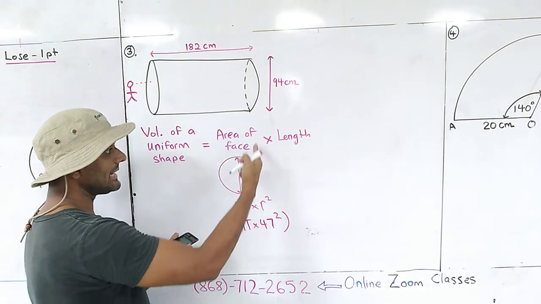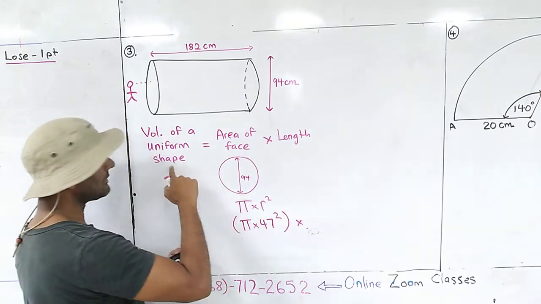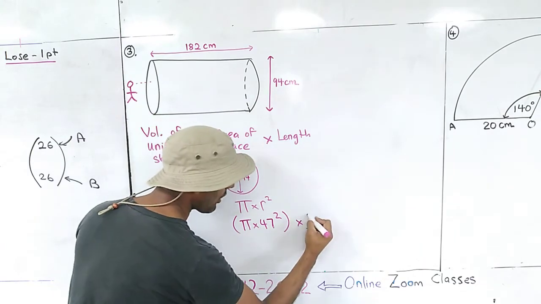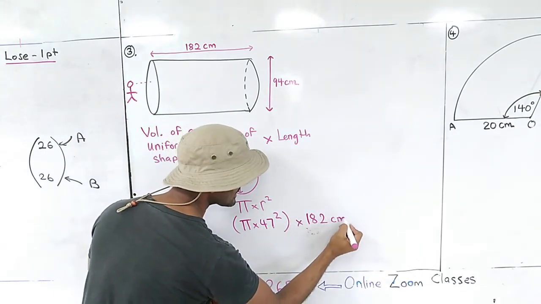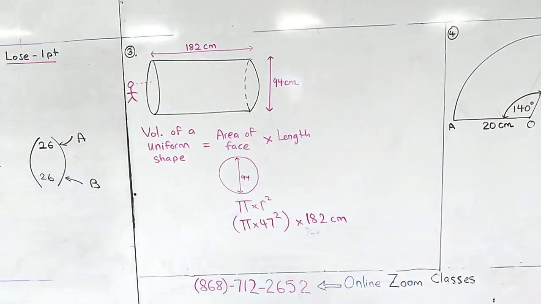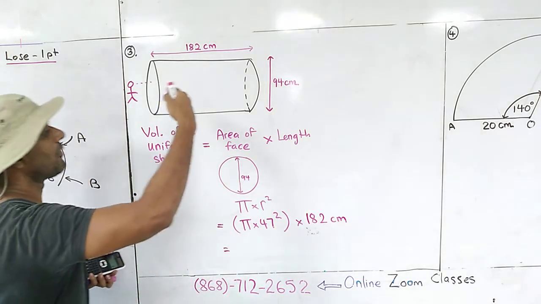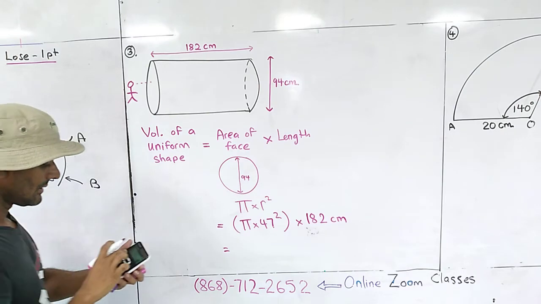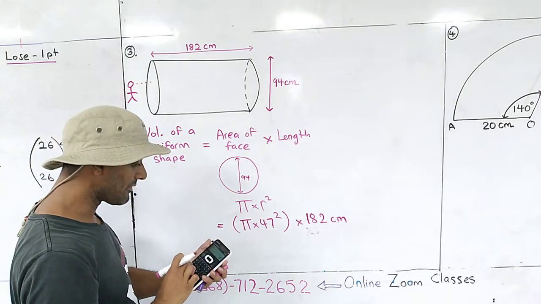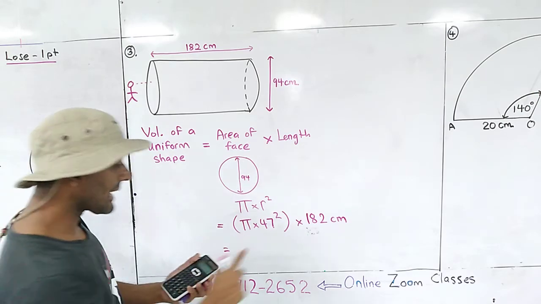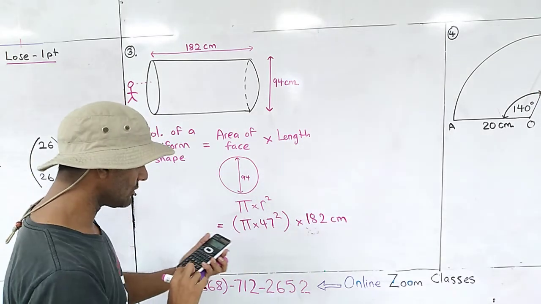And once we get the area of the face, to get the volume, we just multiply by the length. The length is 182 what? Centimeters. So let's work this out and we will get the volume of the cylinder. Pi multiplied by 47 squared multiplied by the length, 182.